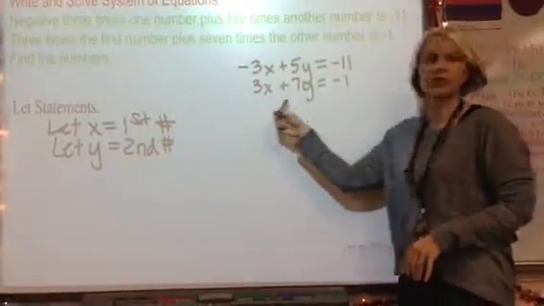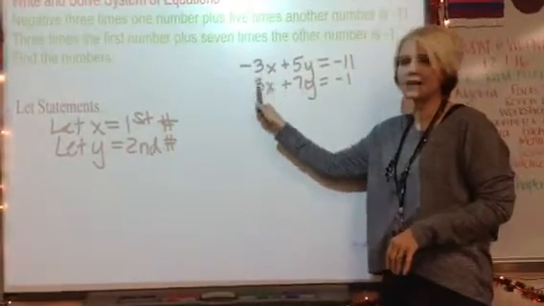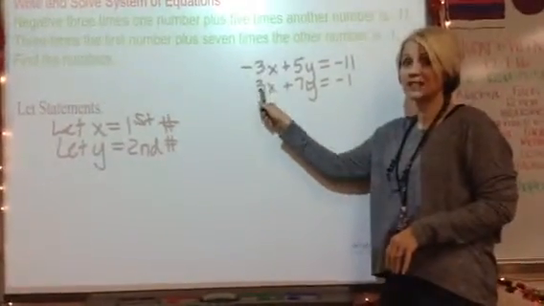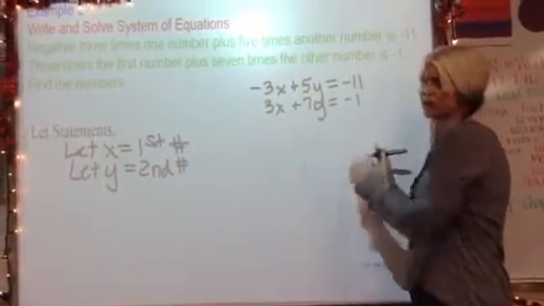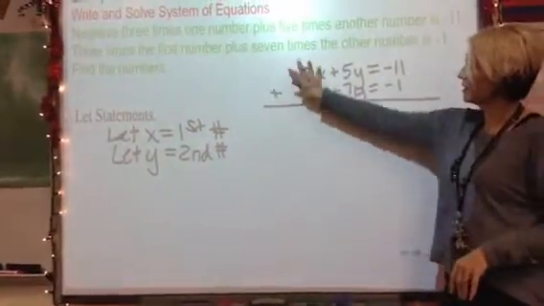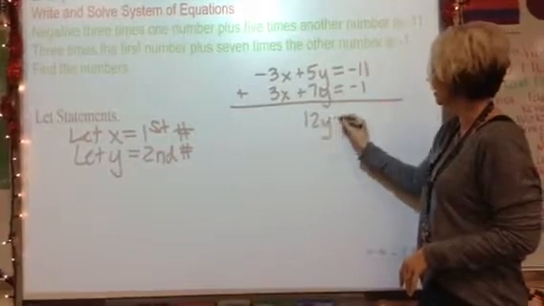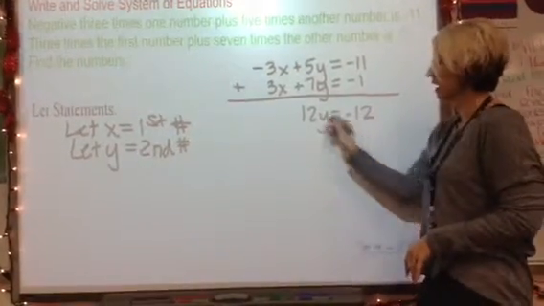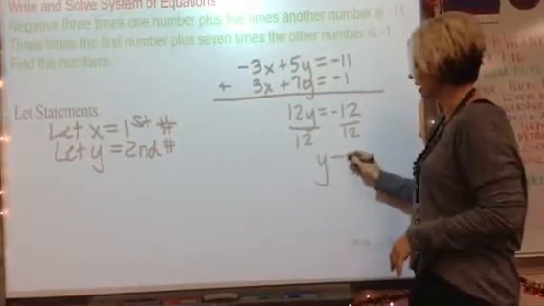So I would definitely want to use elimination of addition here because these are the same variable, opposite coefficient. This is a 5 and a 7, so we don't even use that one. So I'm just going to put a plus. These are going to be eliminated, the 3x and 3x, and so then I have 12y is equal to negative 12. I want to get y by itself, so I divide by 12, and I get y is equal to negative 1.